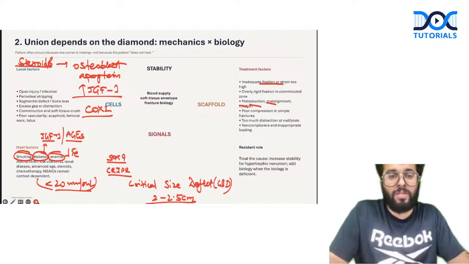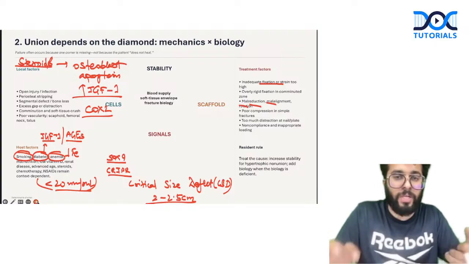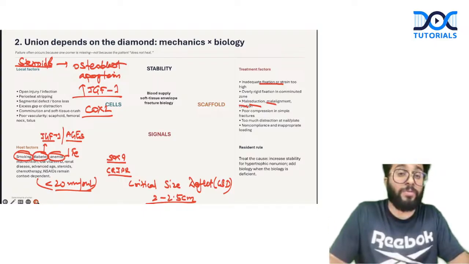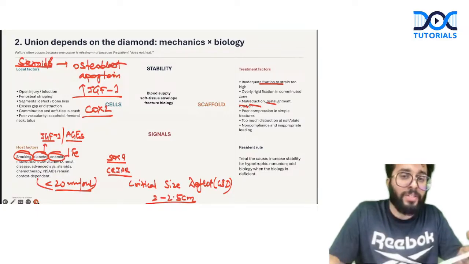The nail is only the device for achieving three-point fixation, providing relative stability, right? It will encourage callus formation. If you think that I'm just holding it and the nail will reduce the fracture, no, the nail does not reduce the fracture. Remember this dictum: reduce the fracture, whatever device you use, and after reduction, put in a nail.